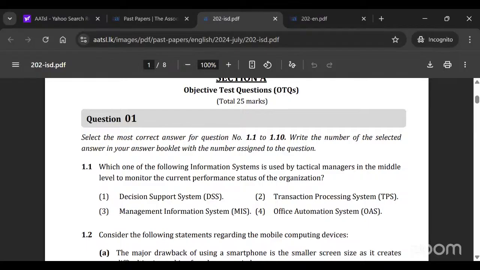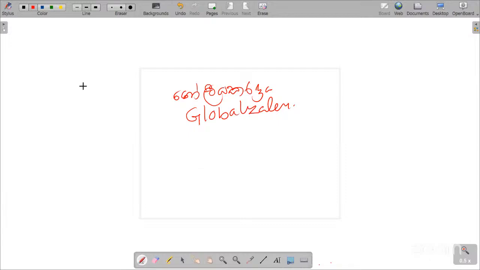Tactical managers are middle level managers. Let me share the whiteboard.